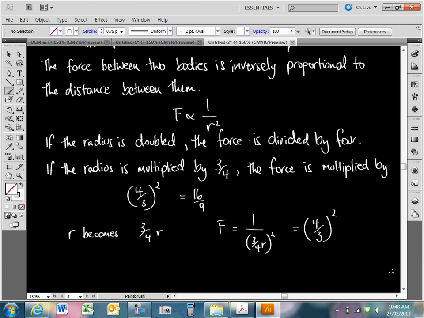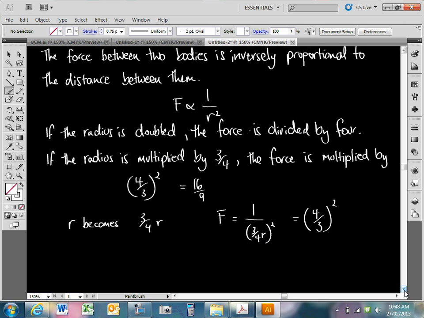How much time do we have? 10. Try this example.